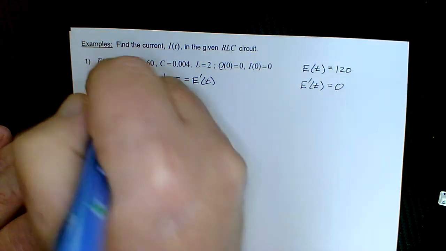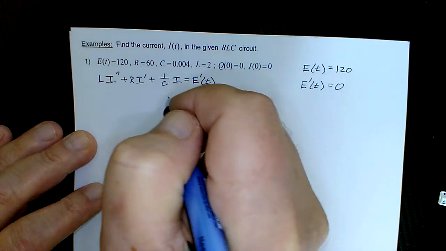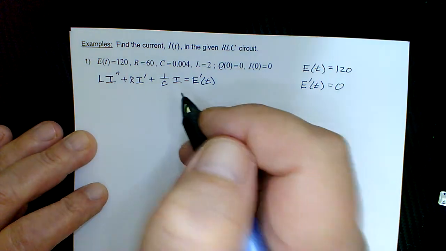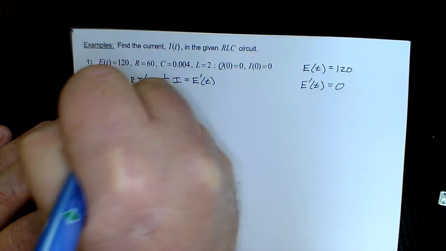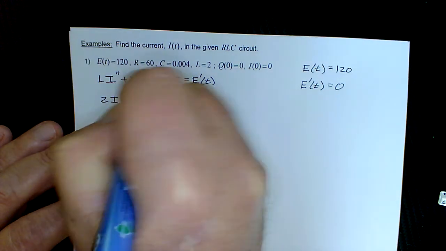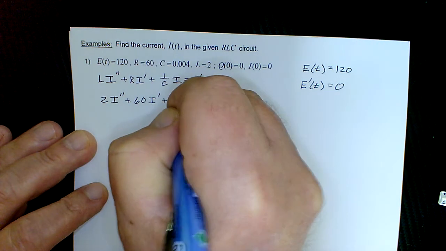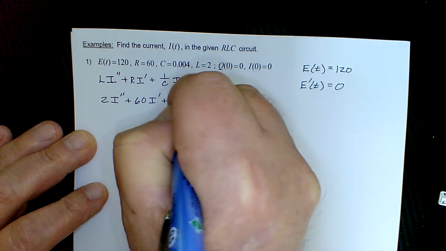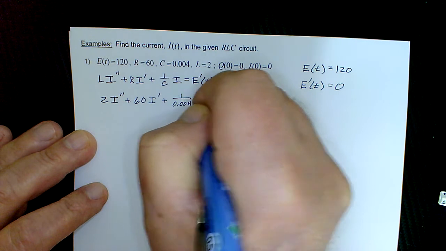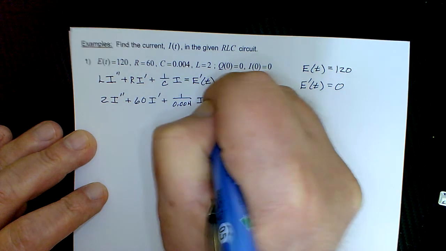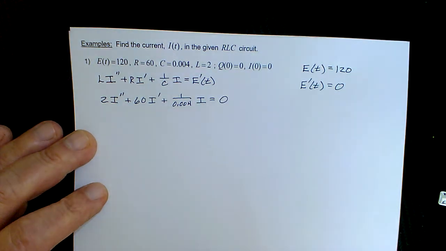So now we can substitute. L was 2, so 2I double prime plus R, 60, I prime plus 1 over C, 0.004, times I is equal to the E prime of t, which again we found to be equal to 0.